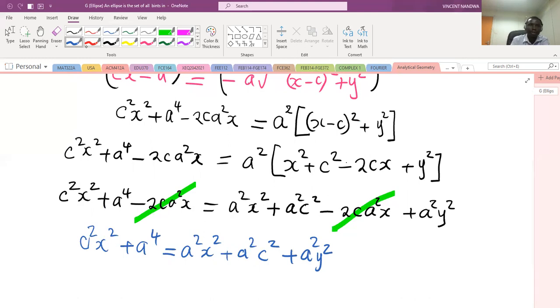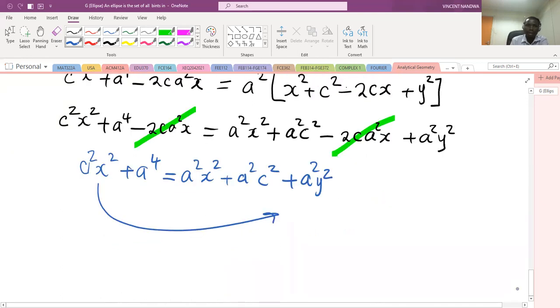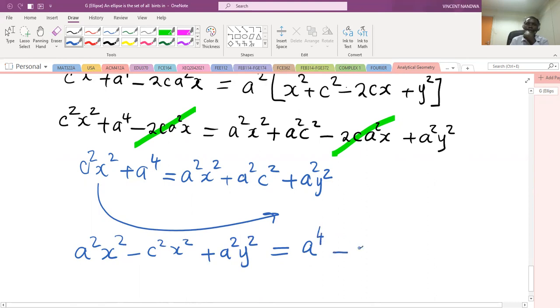I take this one to the right, this one to the right, and then I bring this term to the left, so that I'll have a squared x squared minus c squared x squared plus a squared y squared equals a power 4 and then minus a squared c squared.